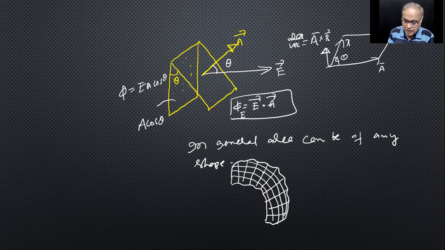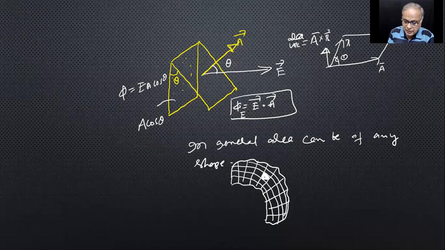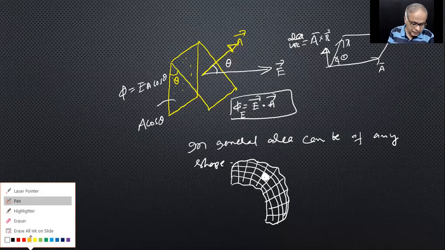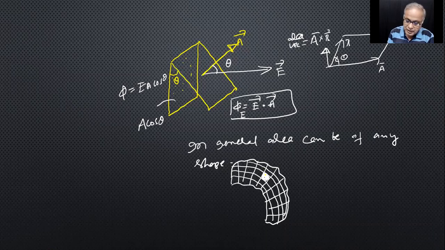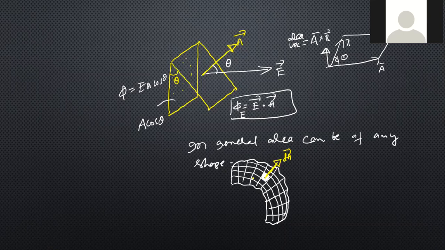Like that. And we choose a particular elemental area like this and give it a direction again as dA. Now dA is as flat as this bigger area. I don't know whether you understood. I bent the area. Do you follow here? The skin-like thing which was bent like that.